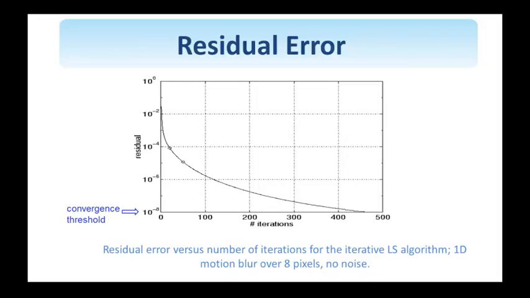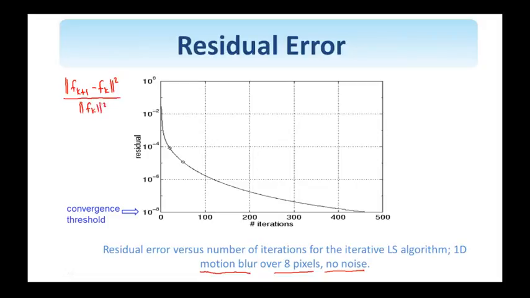So here, for the same experiment that we have been working with throughout this presentation, we have a blurred image, motion blurred over 8 pixels horizontally, but there is no noise in this experiment. Here we show the residual error, which is the norm squared of f of k plus 1 minus f of k, divided by the norm squared of f of k.